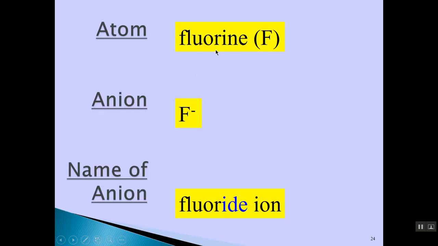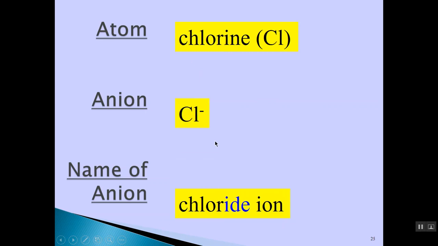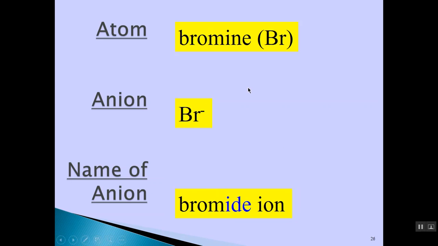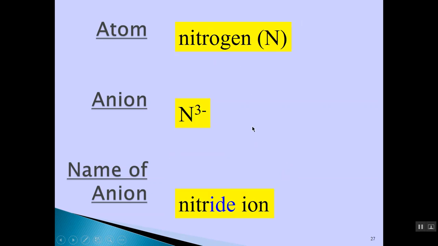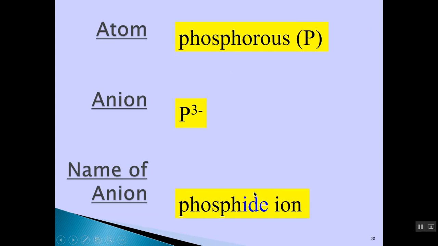Fluorine becomes fluoride. Chlorine becomes chloride. Bromine becomes bromide. Nitrogen becomes nitride. Phosphorus becomes phosphide.